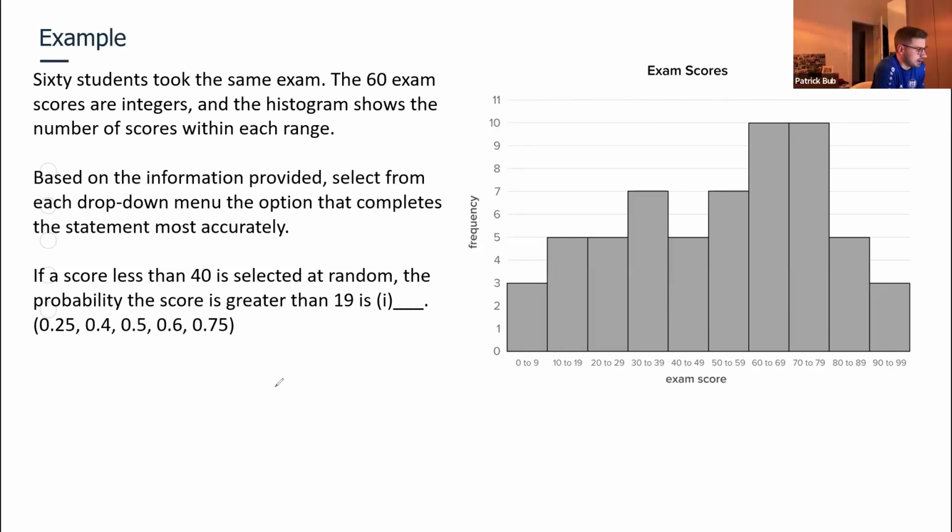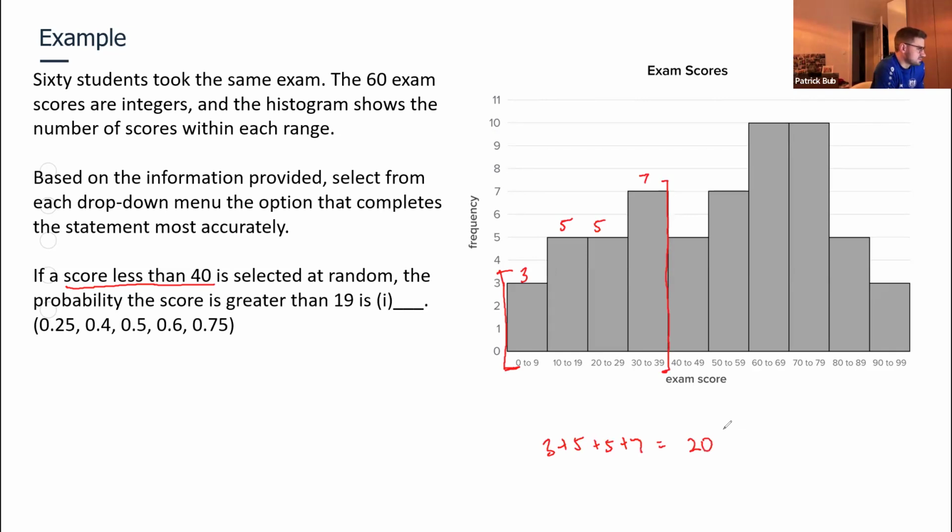Actually, I looked up the numbers for all the scores that are below 40. This includes 0 to 9, 10 to 19, 20 to 29, and 30 to 39. So the overall number is 20. The denominator for the formula that we saw on the earlier page is 20.